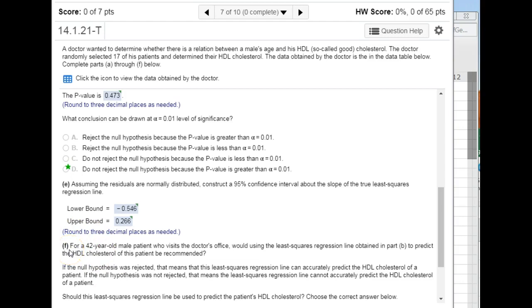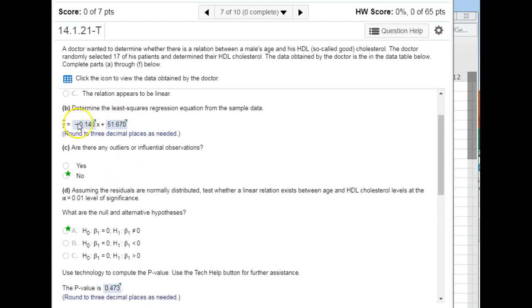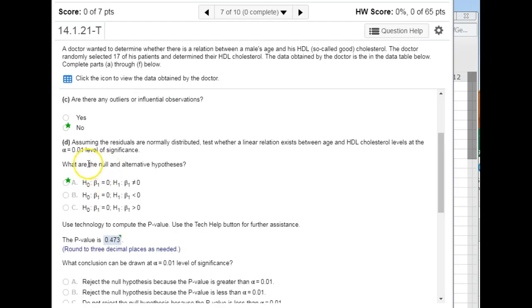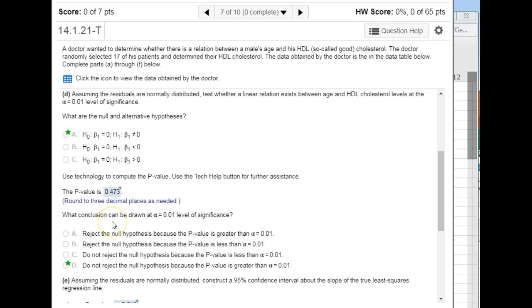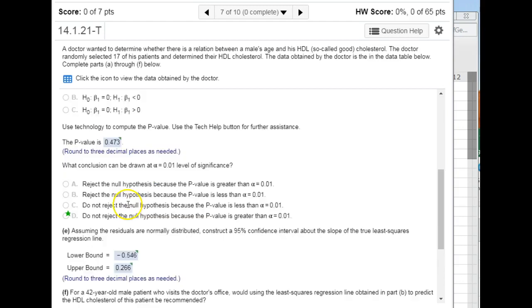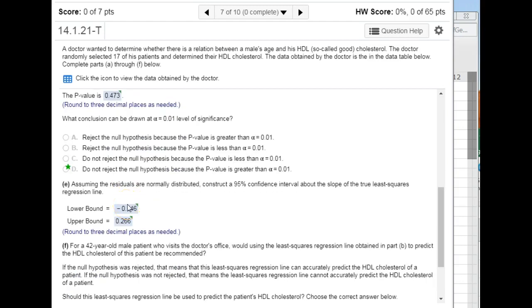And so then part F, kind of summing everything up, it's asking if someone visited the doctor, should the doctor use this least squared regression line, plug in the age for X, and get back the prediction for the HDL cholesterol. And since both of our methods here, the hypothesis test and the confidence interval, had the result that we should not reject the null hypothesis, that there is no evidence for a correlation here, we do not want to use the least squared regression line.